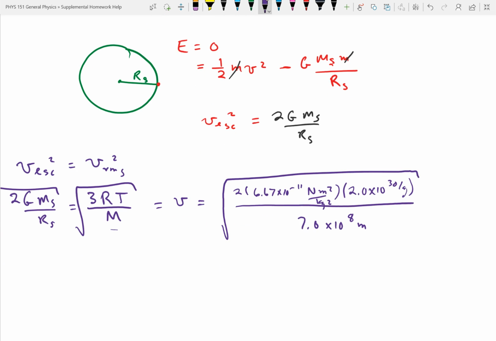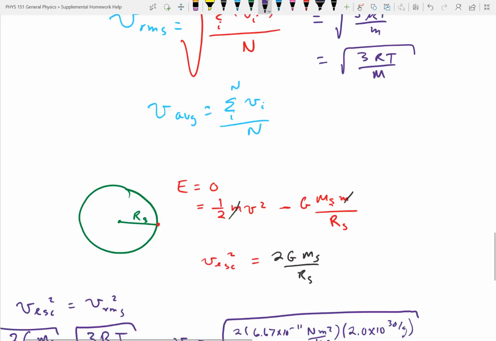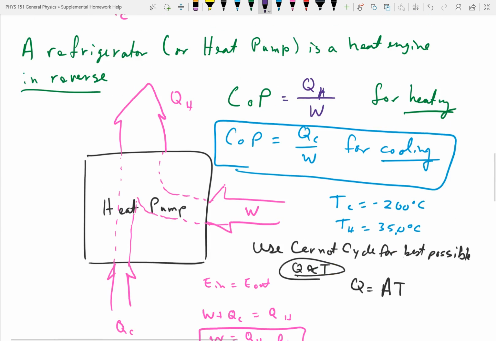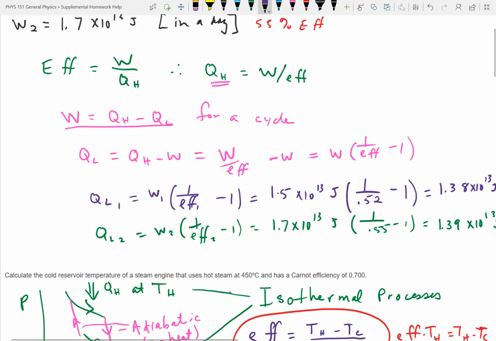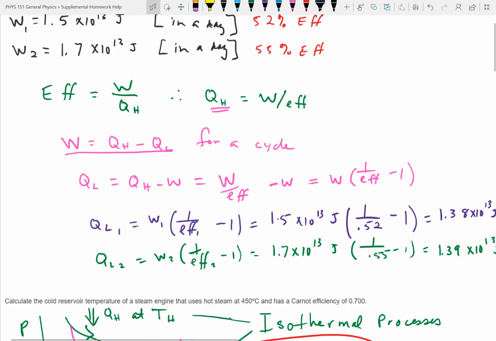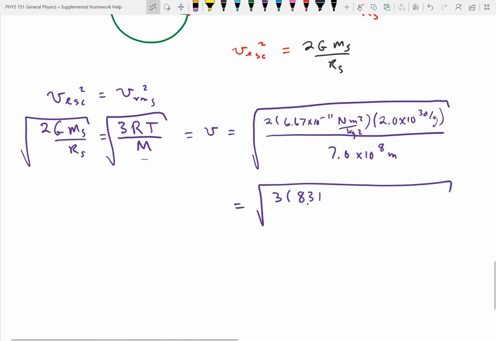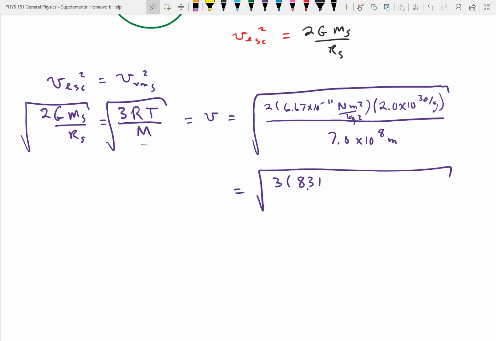So that's one calculation. The other one is the square root of 3 times 8.31. Was it 3144 or 3114? Got to come up here to see what R was. 8.3144. Well, I've only used two significant digits. Why am I worried?